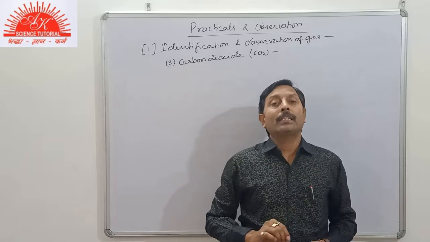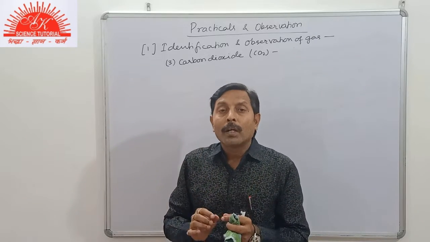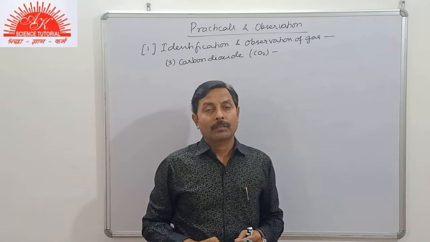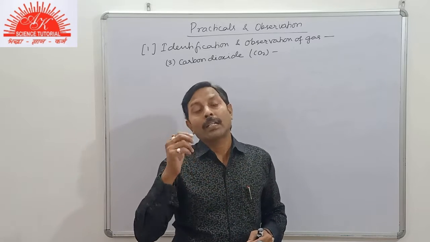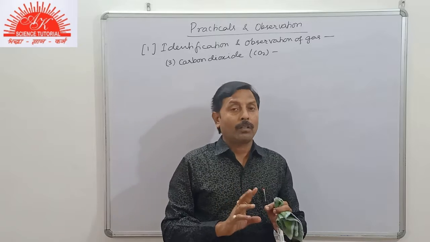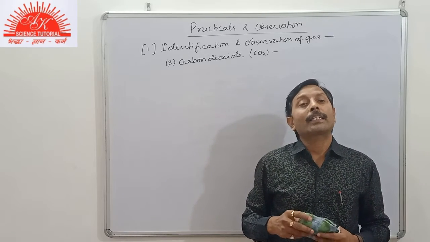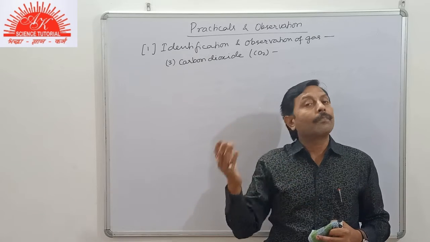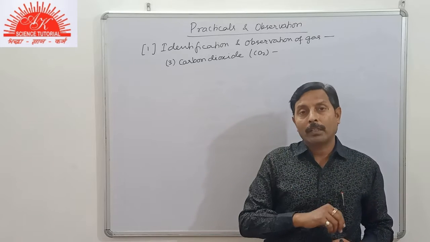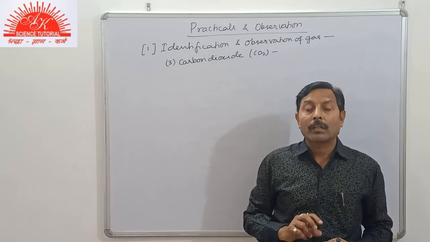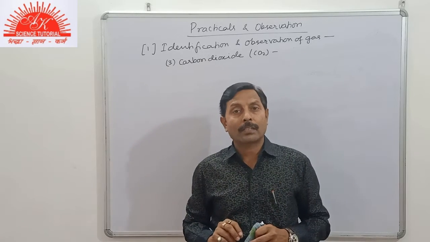When dilute acid is added to a metal carbonate or bicarbonate, then CO2 gas is evolved. Or when a metal carbonate, like calcium carbonate, is heated strongly, then CO2 gas will be evolved.